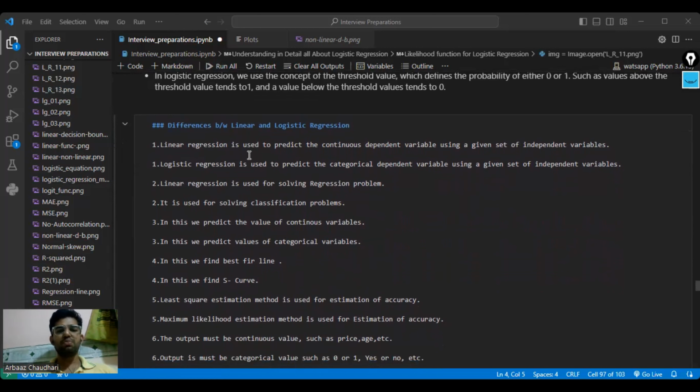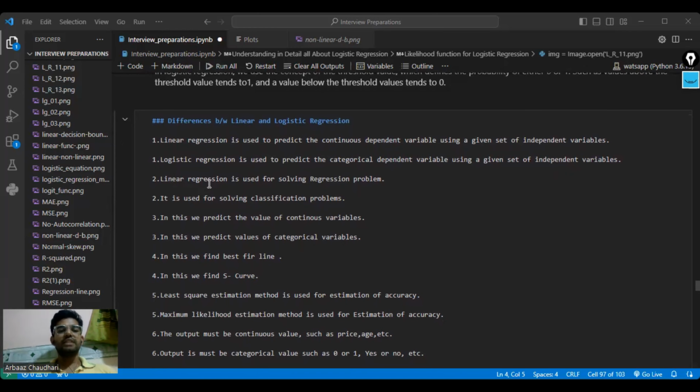Linear regression is used to predict a continuous dependent variable using a given set of independent variables. So in linear regression, we were finding a continuous y. But in logistic regression, we are finding a categorical dependent variable given a set of independent variables. So here the main difference comes over y. Here y was continuous, and here y is in a categorical form.